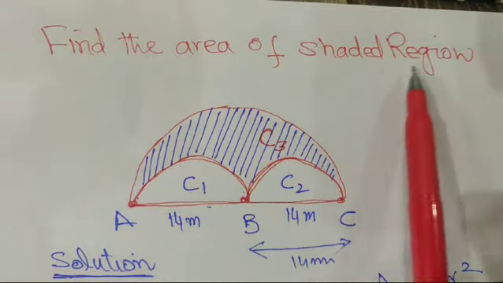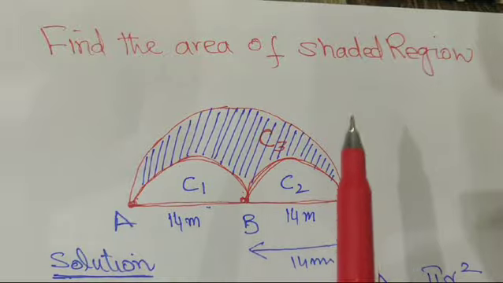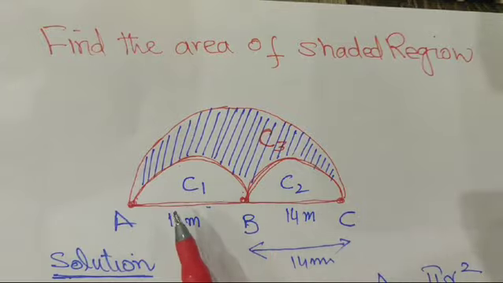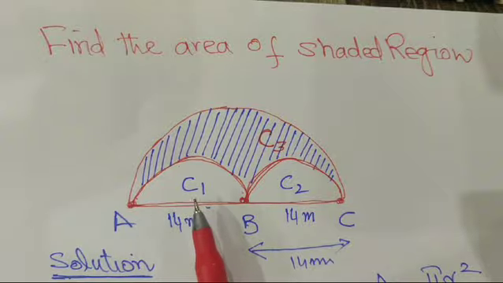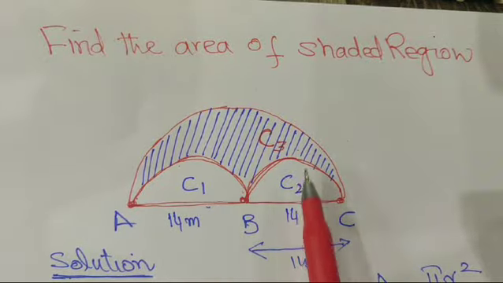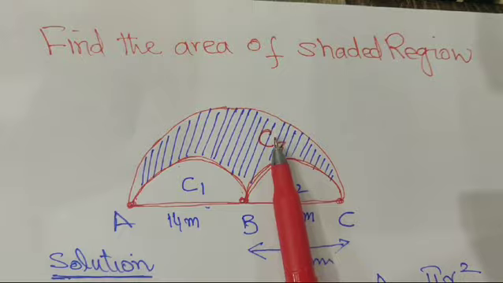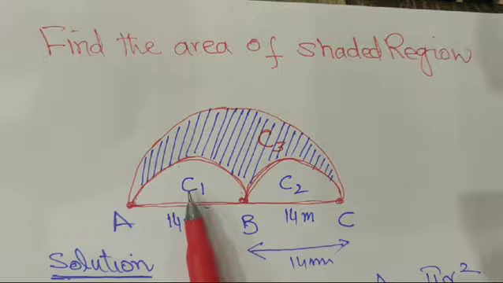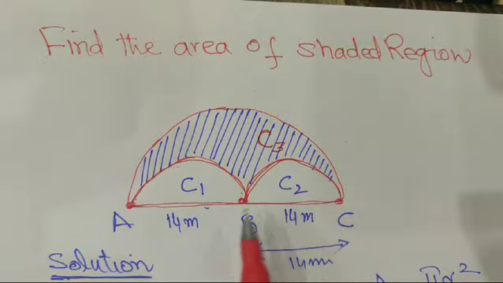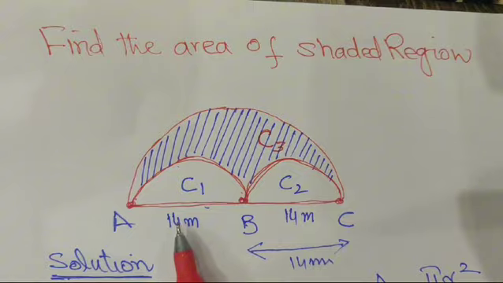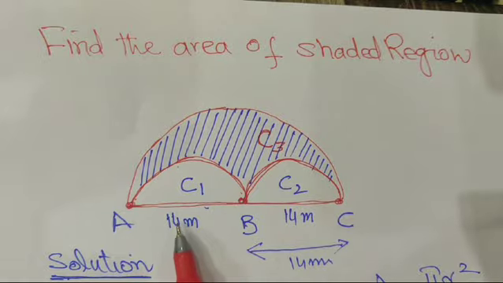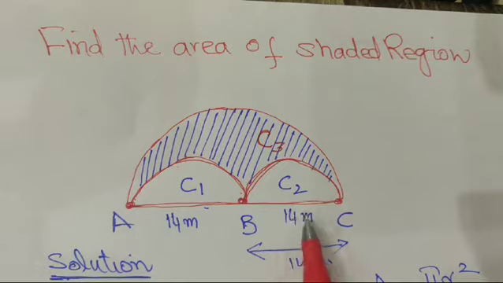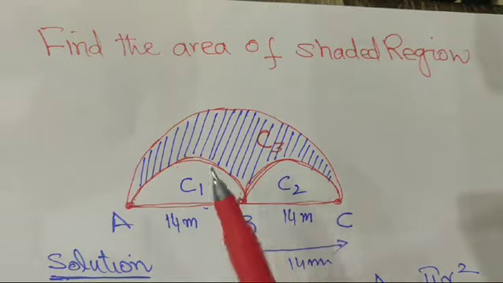Find the area of shaded regions. Look at the diagram. We have three semicircles, that is C1, C2 and C3. Here in the diagram, the circles C1 and C2 both have equal diameter, that is 14 meter and 14 meter.